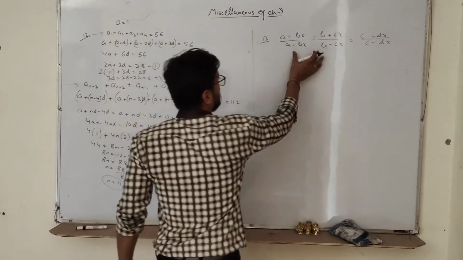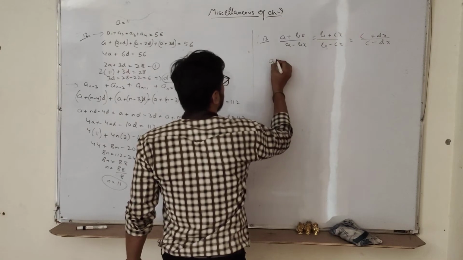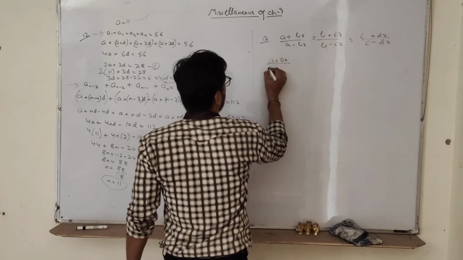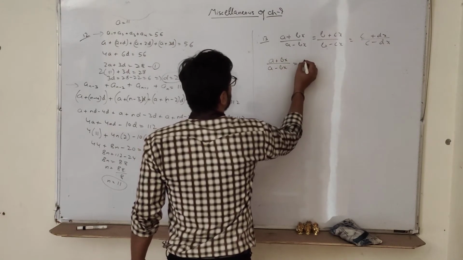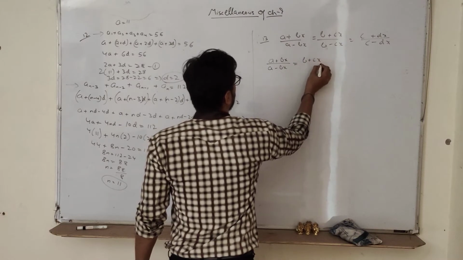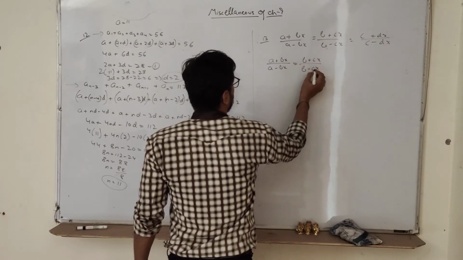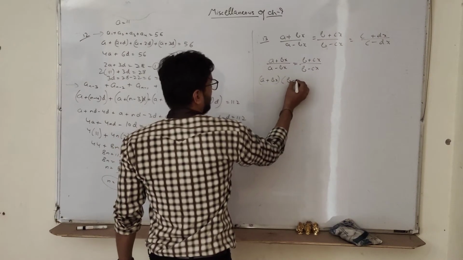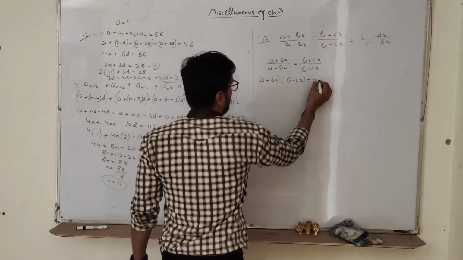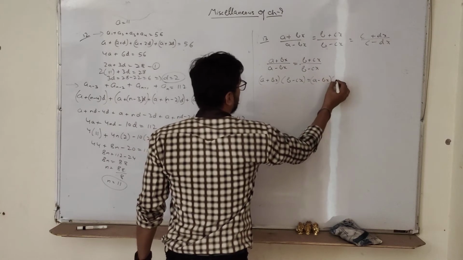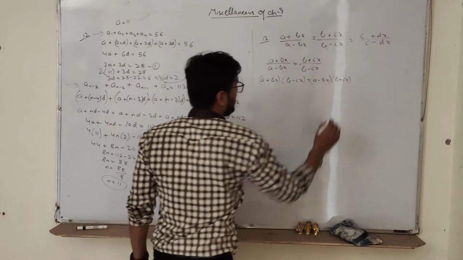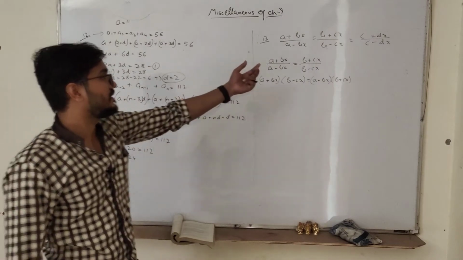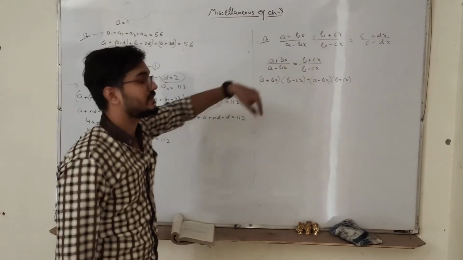So let's take first these two terms together. So a plus bx upon a minus bx is equal to b plus cx upon b minus cx. Cross multiply. So a plus bx times b minus cx is equal to a minus bx times b plus cx. Nothing we have done, just cross multiply.